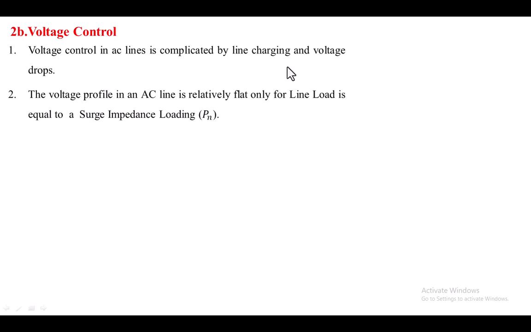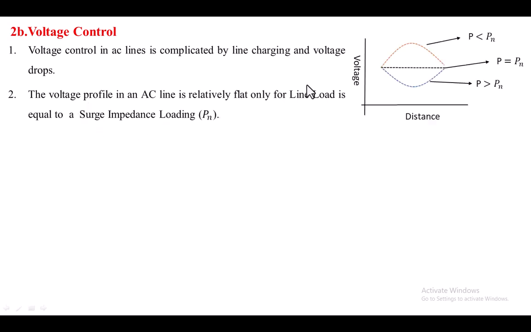Not only these two parameters, the voltage available at a bus in an AC transmission system is highly dependent upon the surge impedance loading. When the load on a line is equal to the surge impedance loading, the sending end voltage, midpoint voltage and receiving end voltage are the same.